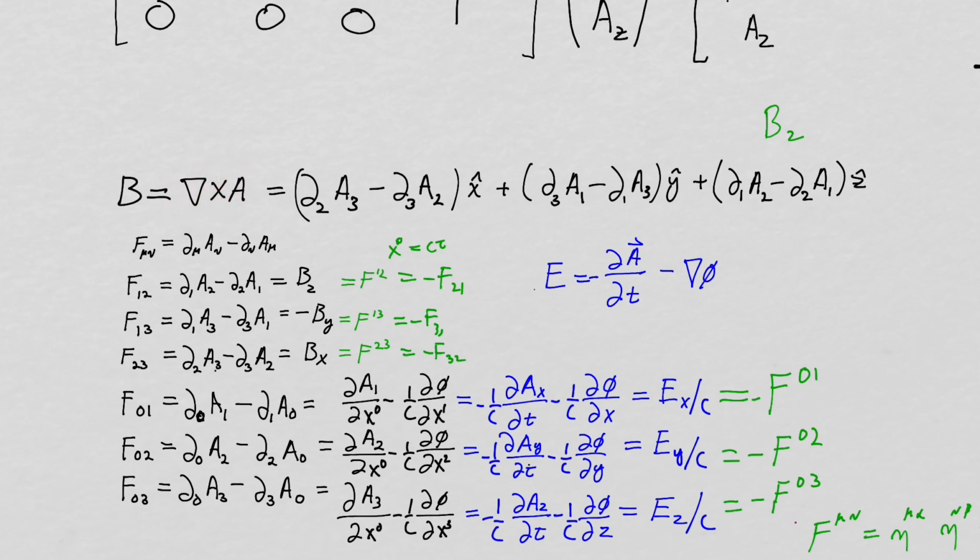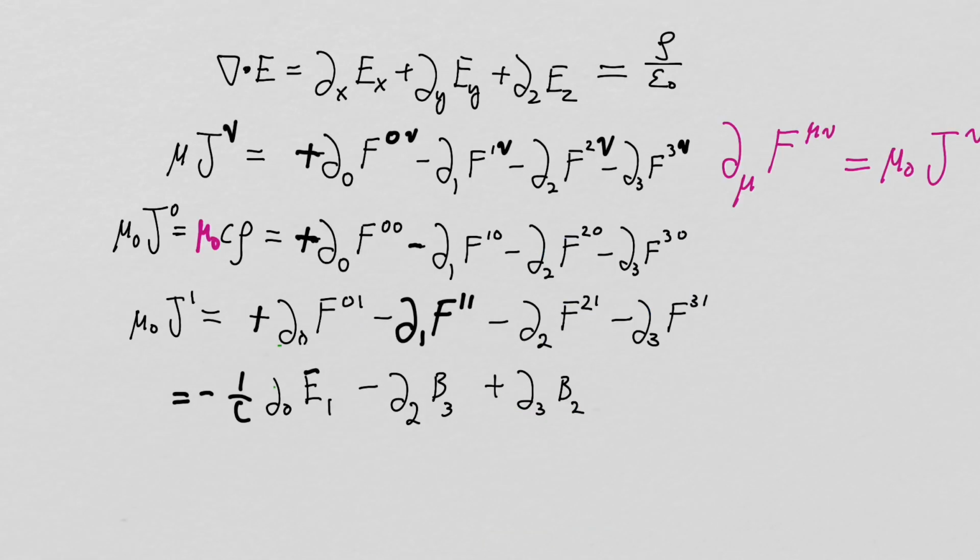curl of A, and we see the component of the curl of A is the derivative in the x2 direction of the third component of A minus the derivative in the x3 direction of the second component of A. And that pattern is exactly the pattern we have in our expression right here, right?